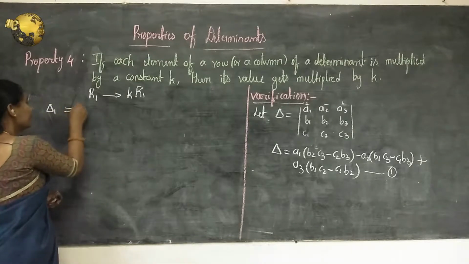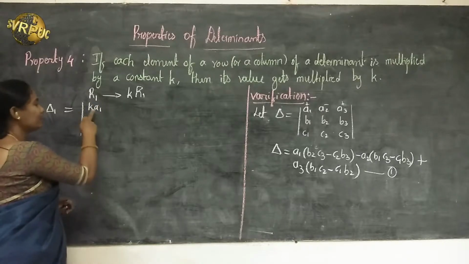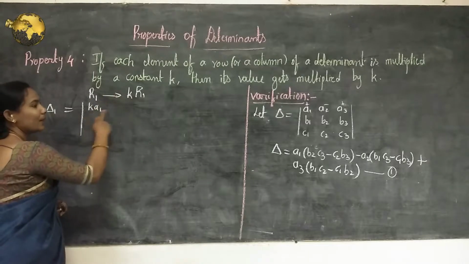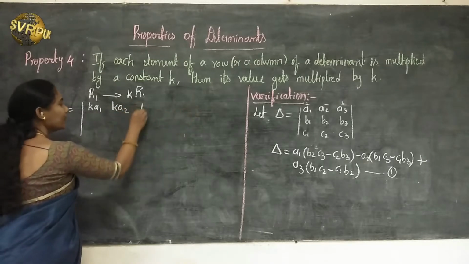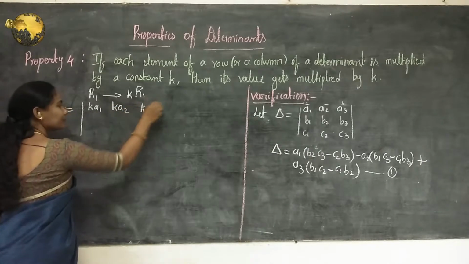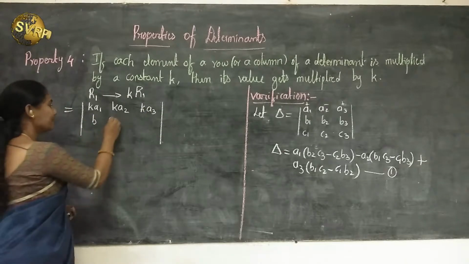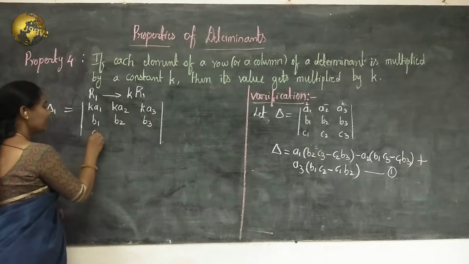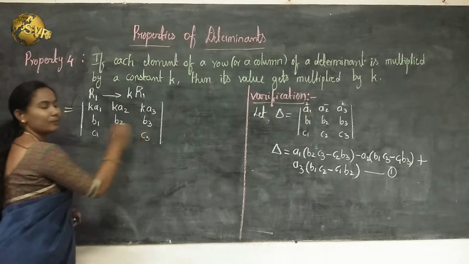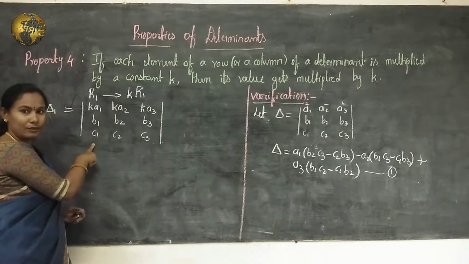Delta 1 is equal to the determinant of ka1, ka2, ka3, and the remaining two rows remain as they are: b1, b2, b3, c1, c2, c3. I am changing only the first row and the other two rows stay as they are.